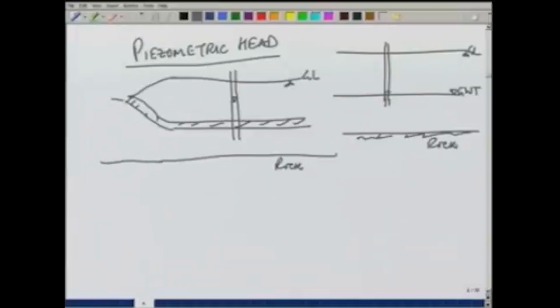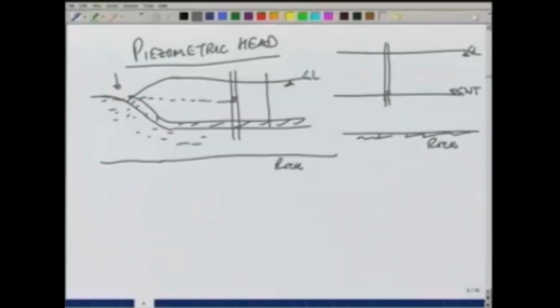recharged at this location. So, this water is coming from, let us say, higher elevation. So, the head of the water will correspond to, in a very simplistic way, the level from which it is being recharged.